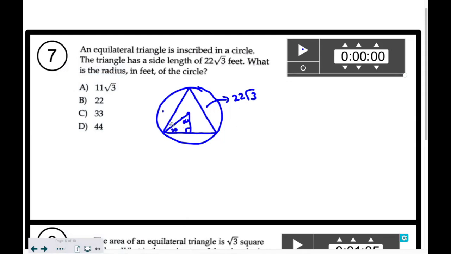If you're not convinced that this is bisected, another way to look at this is to imagine if we had these. I know they don't look it, I didn't draw it very well, but this is equilateral, so all six of these triangles are exactly the same.